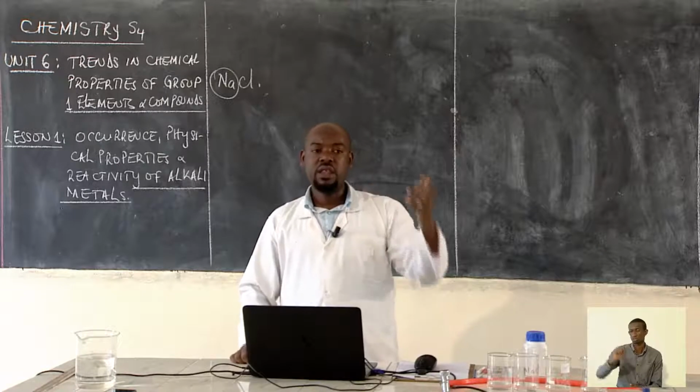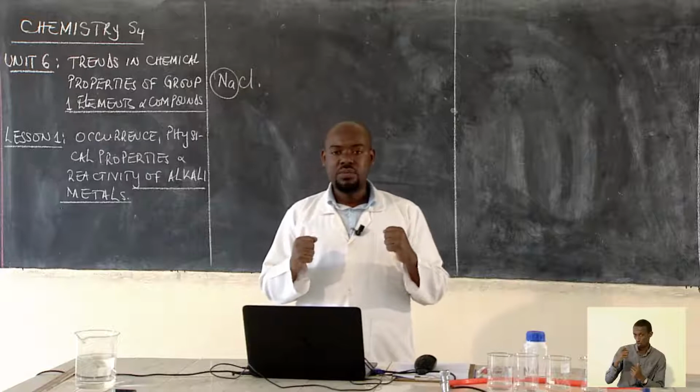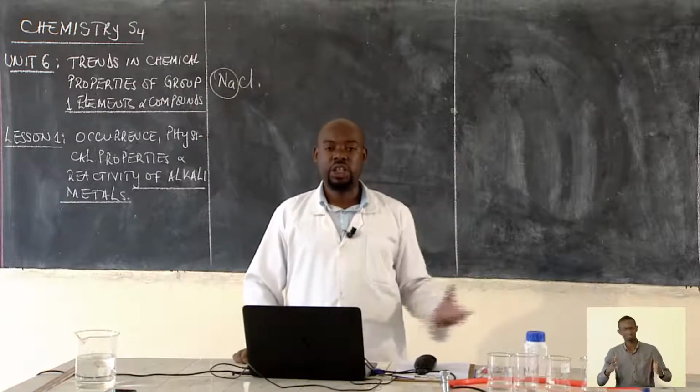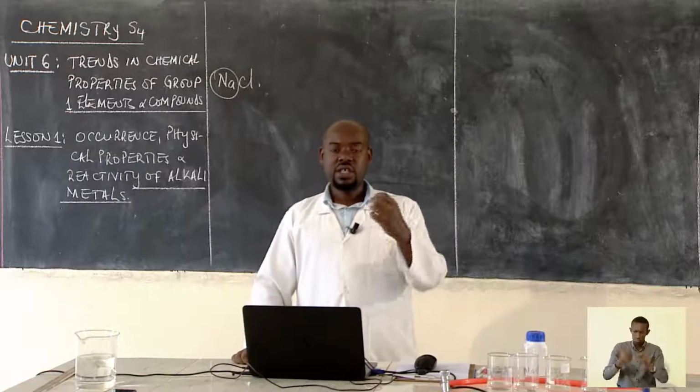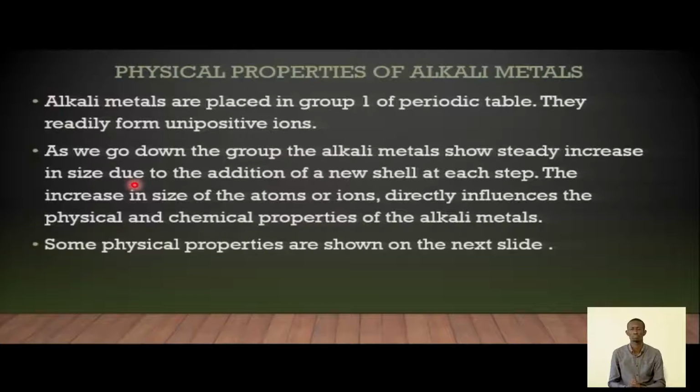When you combine them, you find that the effective nuclear charge becomes weaker and weaker as we move down because of the extra shell. As a result, the size of the atom increases, because the nuclear attraction is becoming weaker. The electrons experience a weaker attraction and go farther from the nucleus, making the size larger and larger as we move down.